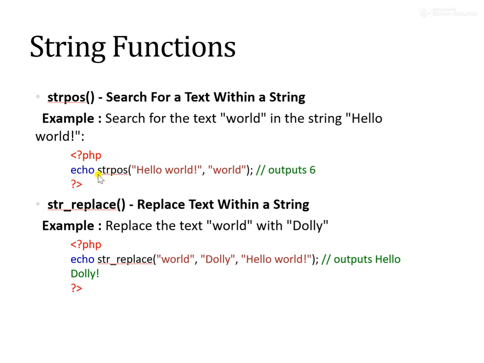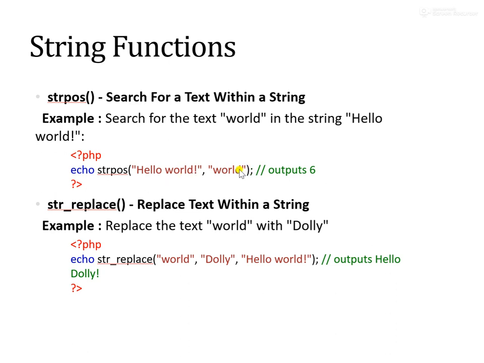Like here in the example, when we write strpos, string position, with the input string hello world and the word that you want to search for, like we want to search for world inside this string, it will tell us the starting position of the search string in the input string, starting with index 0: 0, 1, 2, 3, 4, 5 and 6. So the starting index for world is 6.